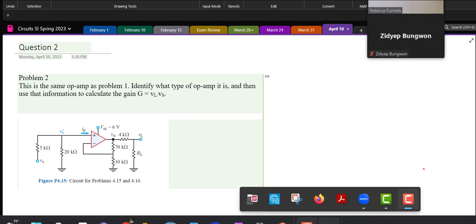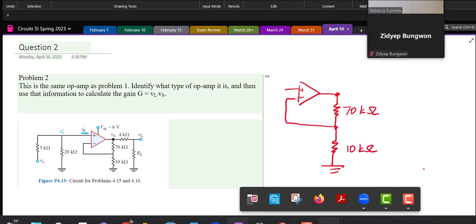It's not exactly like any of the op amps that we know, but if we look at just part of it, so if we look at this part of it, there is more, but just that part of it right there does match one of our op amps.